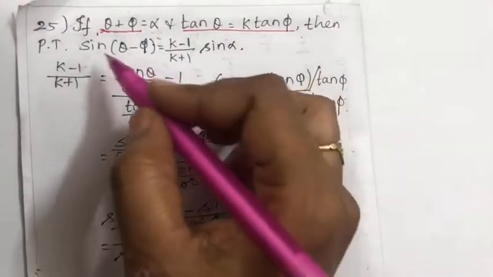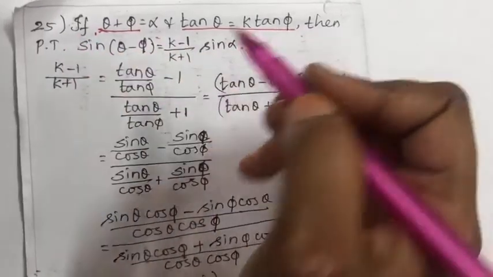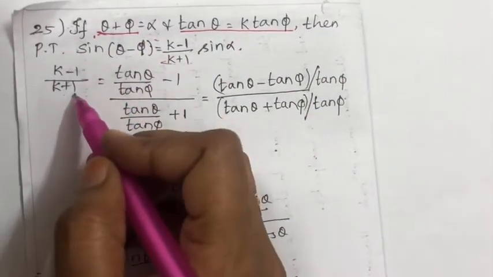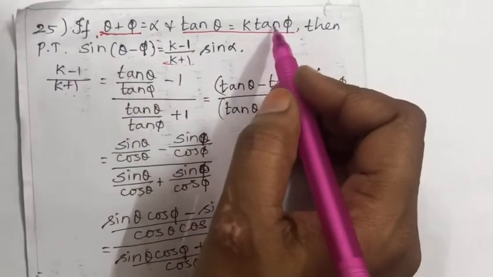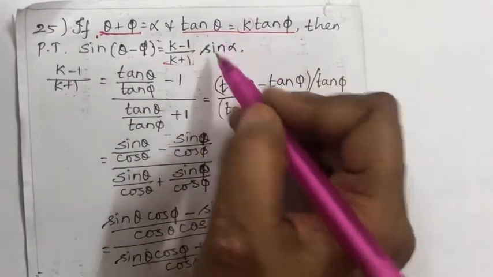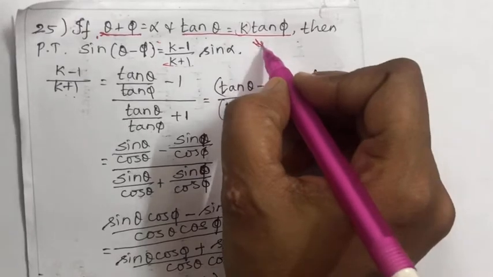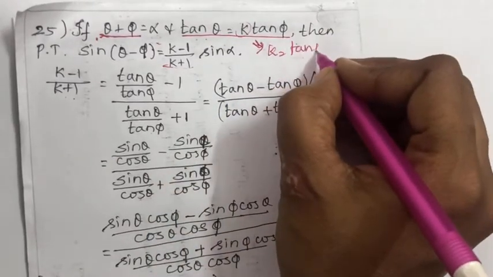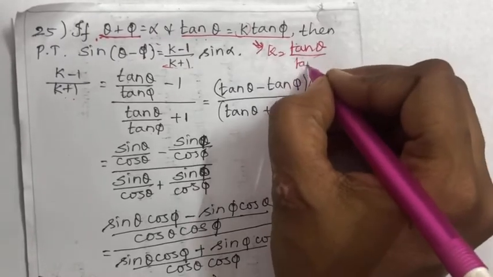So, we have to prove this expression. So, (k minus 1)/(k plus 1) we are taking. What is our k? K is tan theta by tan phi. With this you get it, isn't it? So, k is equal to tan theta by tan phi.